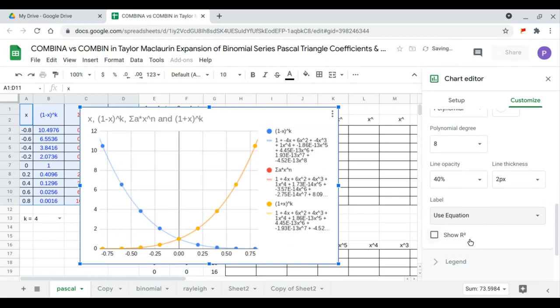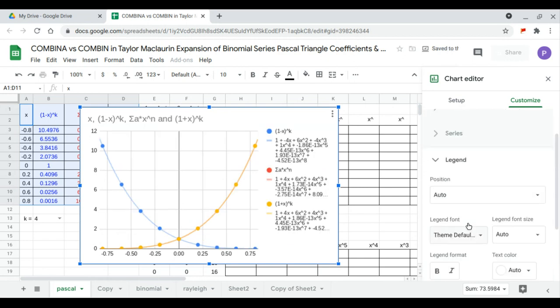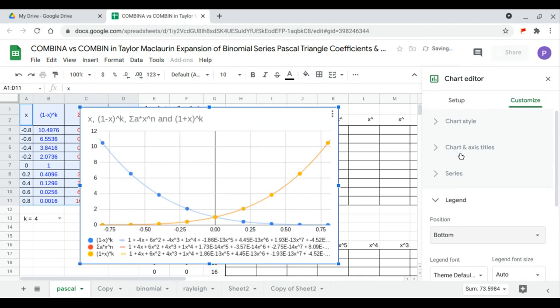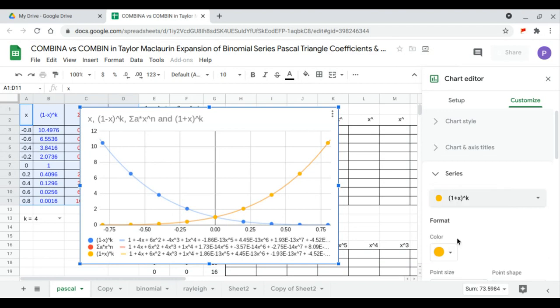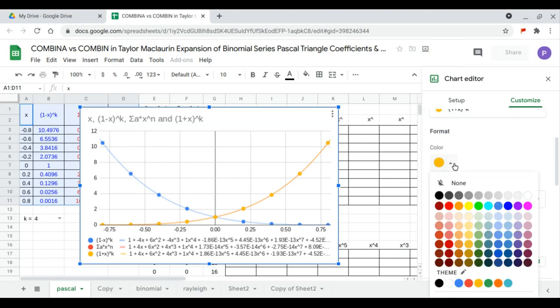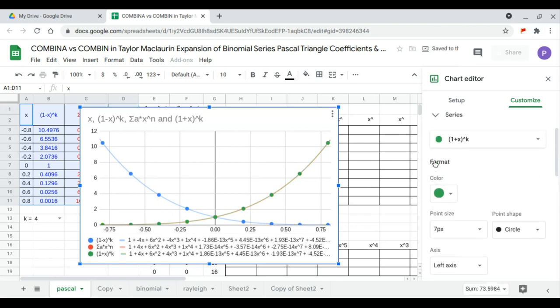For the label, we use the equation. For the legend, position it at the bottom. And we'll change the series of 1 plus x to green. Now that matches the data.